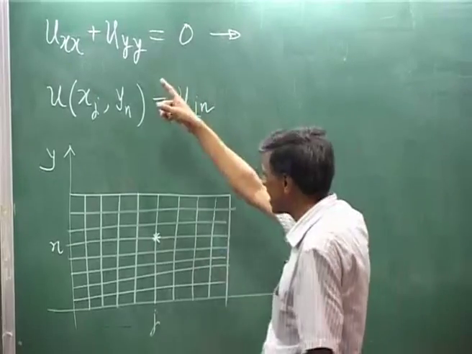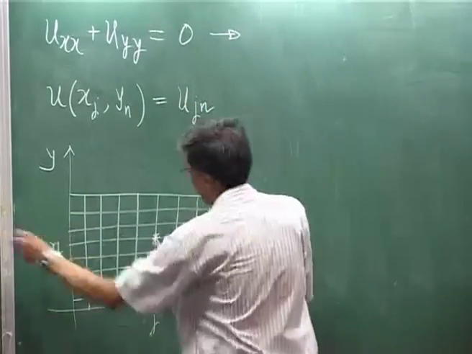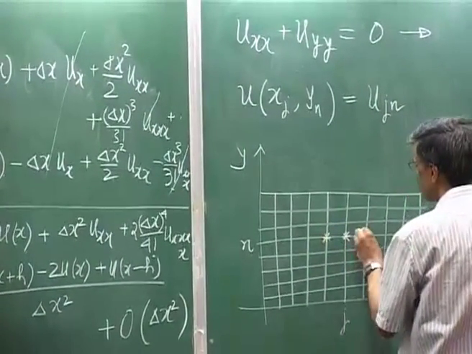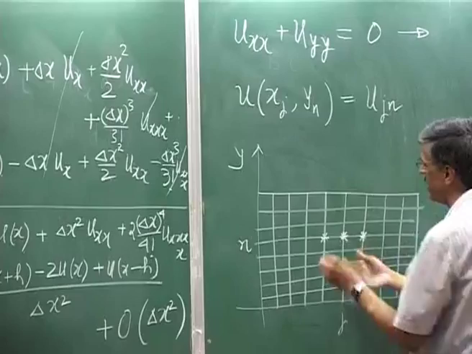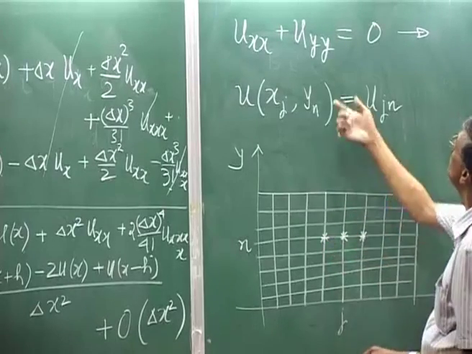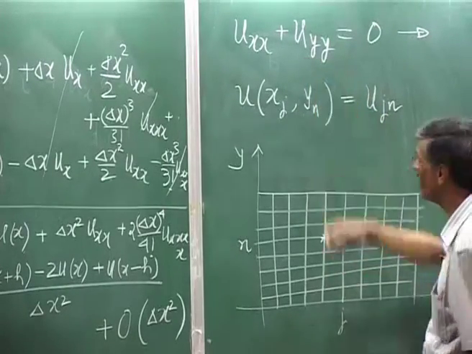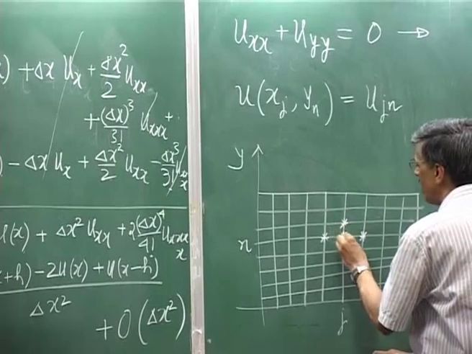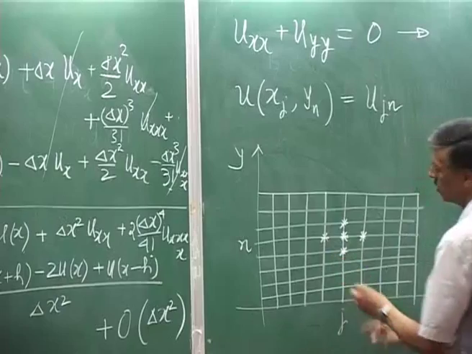So, in the x direction, when I try to do that, I see that these 3 points are involved in u x x. And when I am trying to discretize this, I am going to involve these 3 points. Okay.